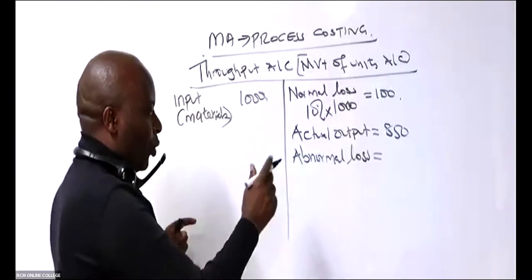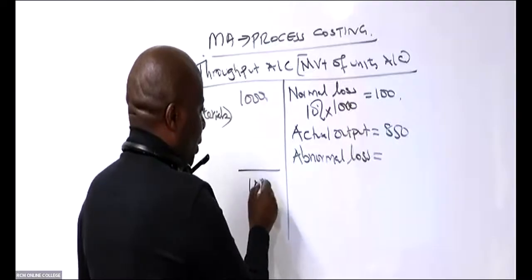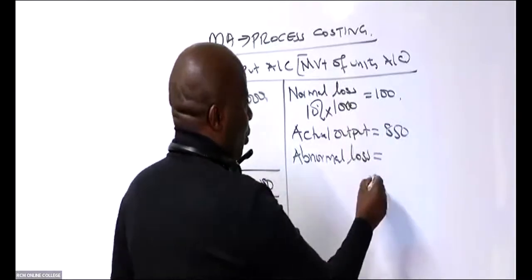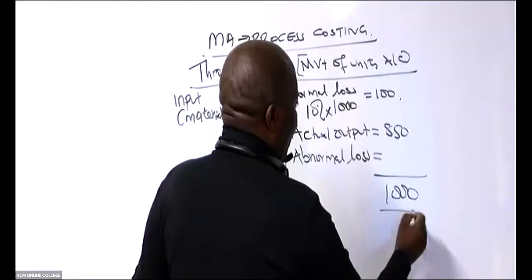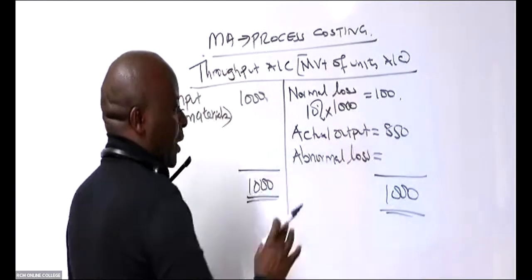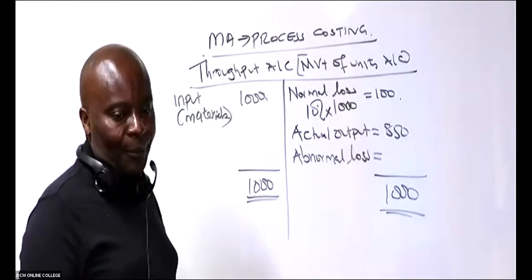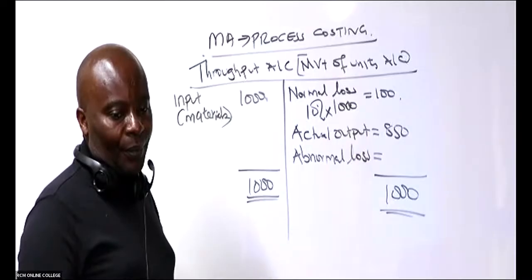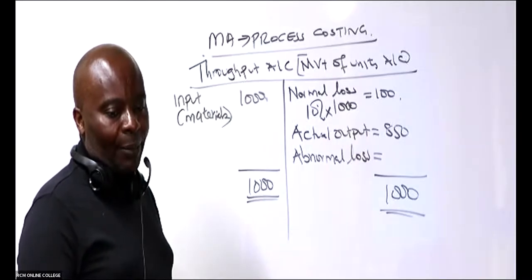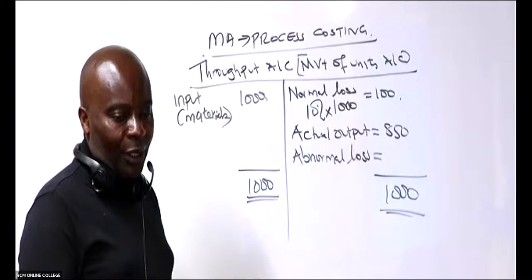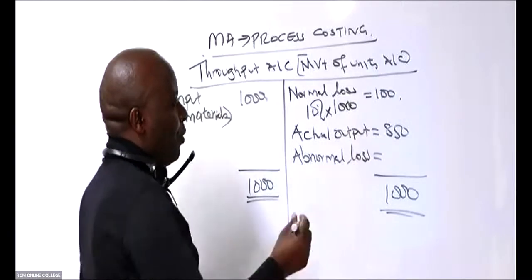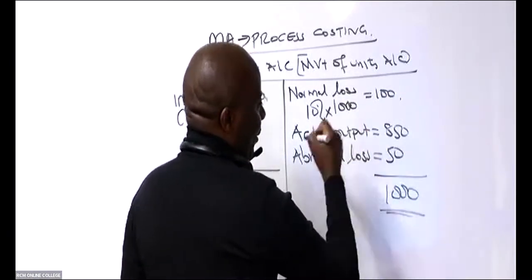I can see this is 1,000, so 1,000 minus this will end up giving me how much? 50. Not 50 bob, I mean 50 units.